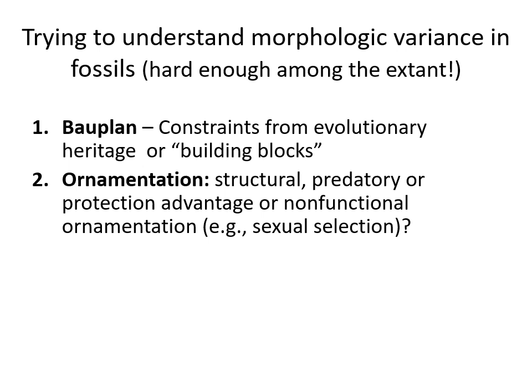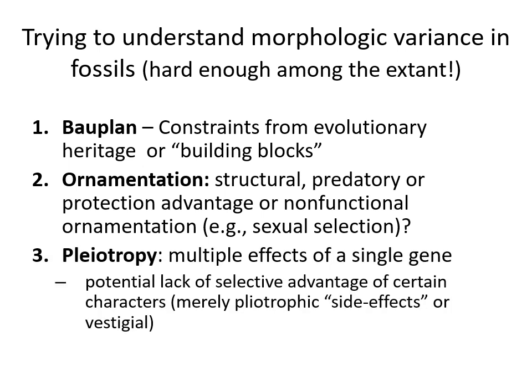So there's a wide variety with cranial ornamentation or any kind of ornamentation, whether it's feathers or hair or head structures, that can be used for sexual selection, combat, fitness, species recognition, and so on. And then pleiotropy. Pleiotropy is the idea that you have multiple effects coming from a single gene.